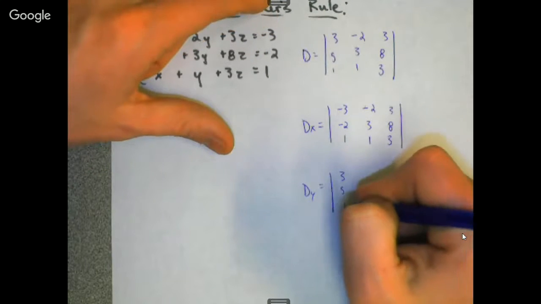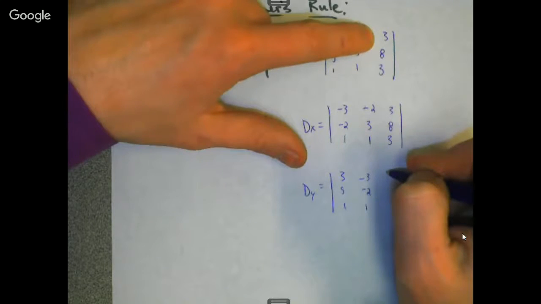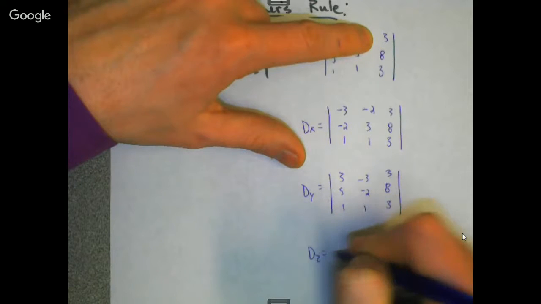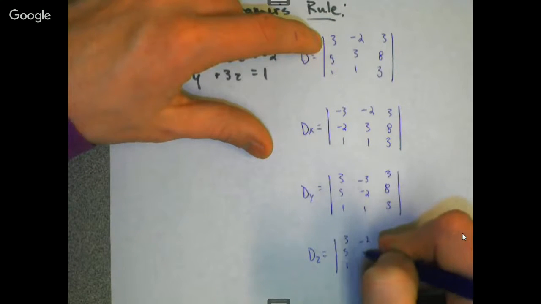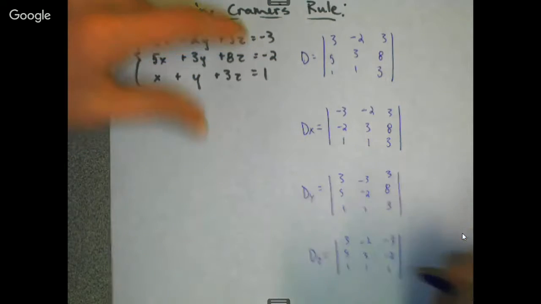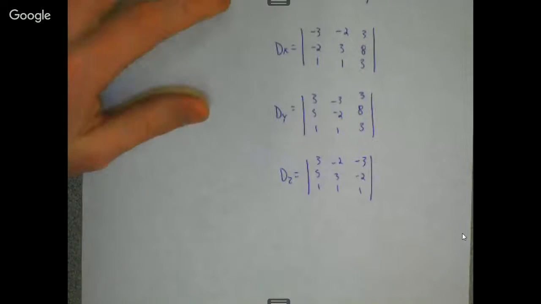So my x's are fine. Then I go to the solutions. Then I go to the z coefficients. Dz. Your x's are good. Your y's are good. Your z's now become the solution. Okay, so we'll find the determinant of each one of these.